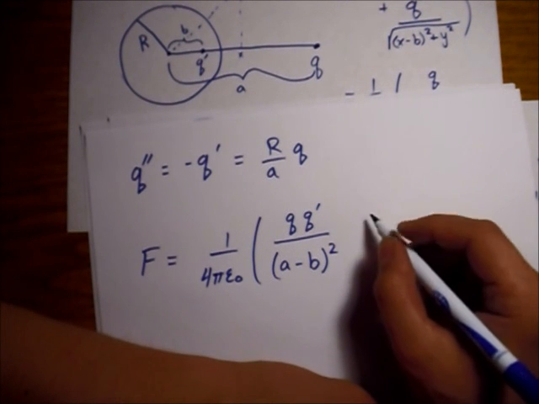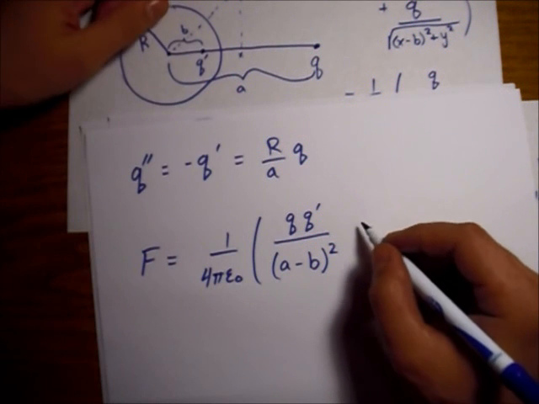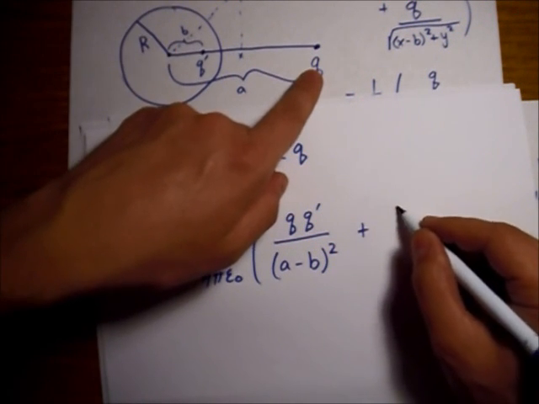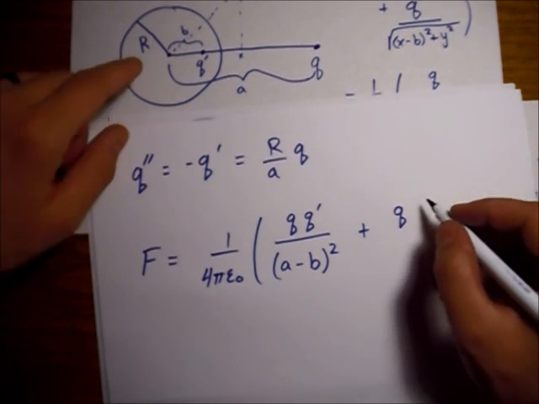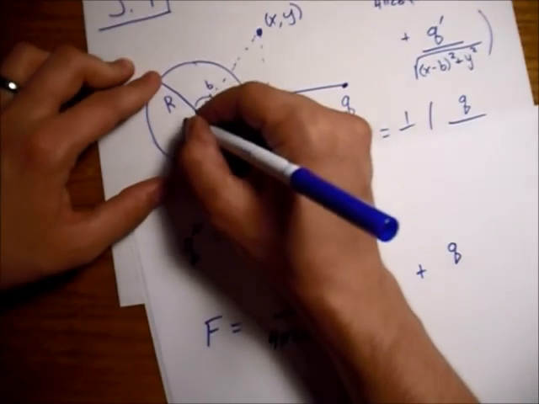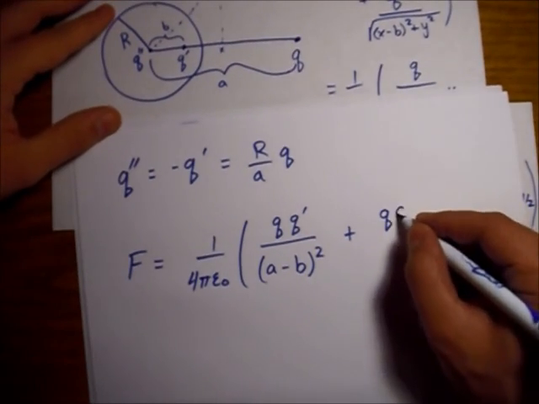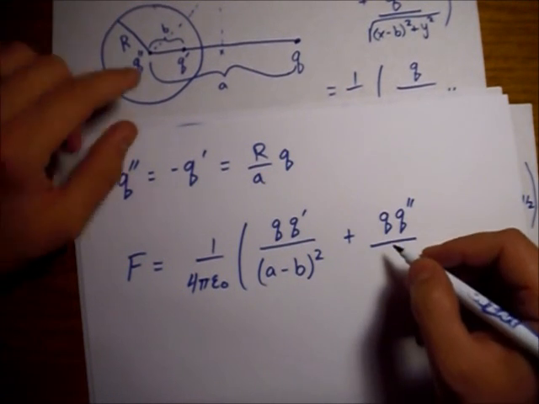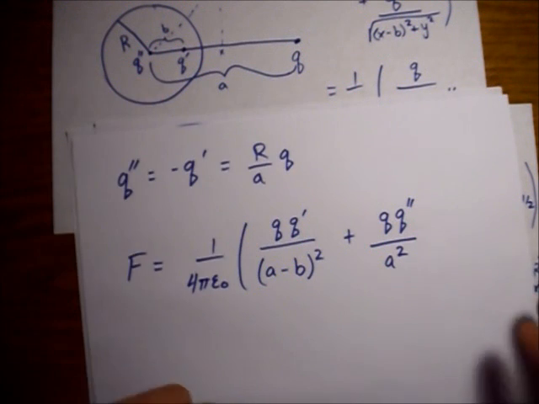Now let's add in the force due to the second one. We have the charge that we're using as a test charge, and then our second charge, q prime prime, which is right here at the center. And now we need the square of the distance between them. In that case, it's just a.